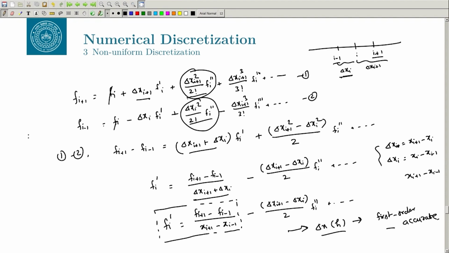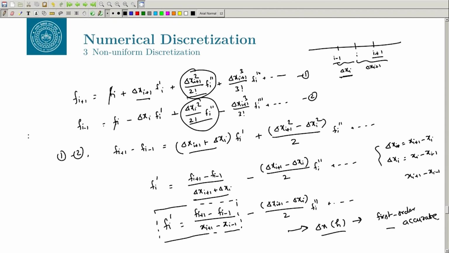But sometimes you do not have a choice. As I told you, let us say near the boundary layer you have to use stretching, because things are changing very fast, and away from the boundary layer the events are not that interesting, so you are not that interested in that.